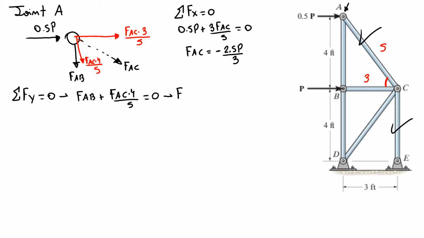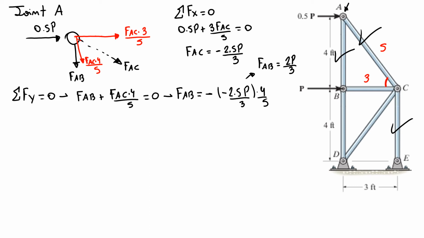So my FAB equals minus FAC, which is minus 2.5P over 3 times 4 over 5. So I discover my FAB here. FAB is equal to P over 3. So now I discover this one.